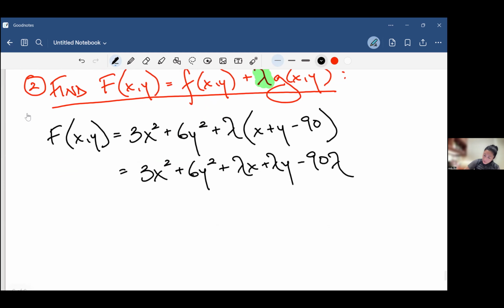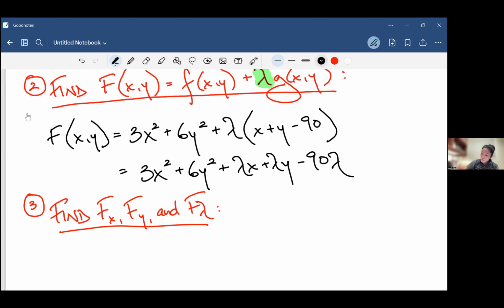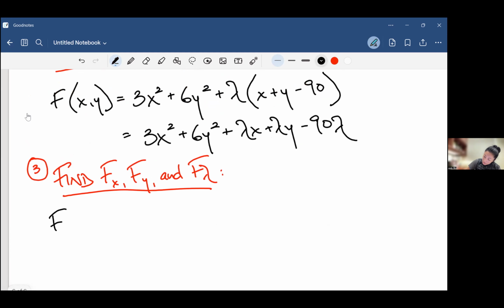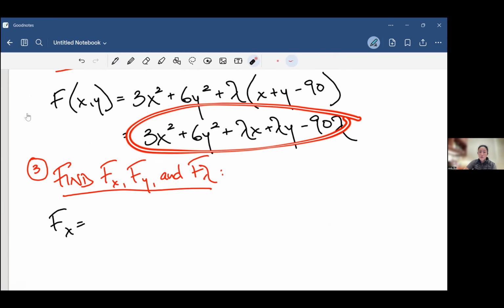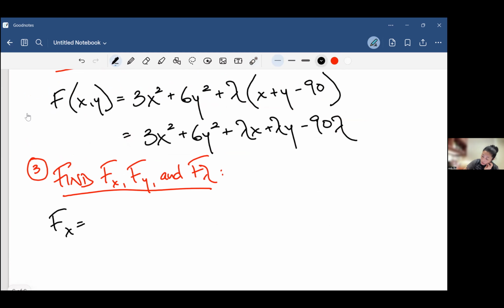All right, step 3. We're going to find our partial derivatives: fx, fy, and f lambda. For fx, I take this equation and treat x as the only variable. The derivative of 3x squared is 6x, the y terms go to 0, and the derivative of lambda x is just lambda.